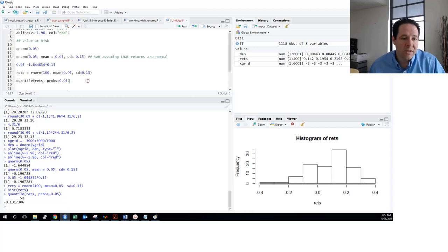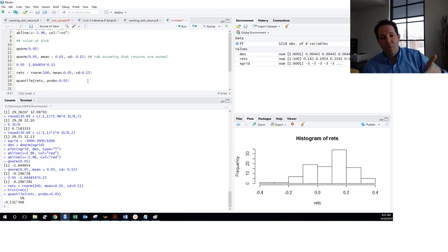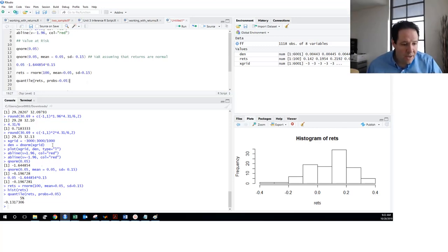It's going to line up the 100 returns that we generated from this distribution and pick the fifth percentile, the one below which 5% of the data lie. And you can see here that's about minus 13%.